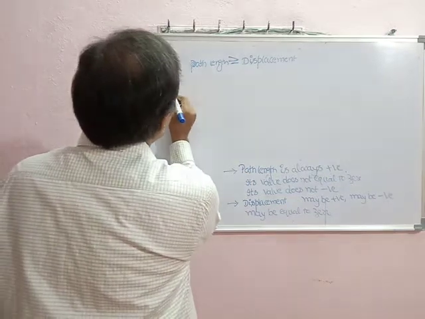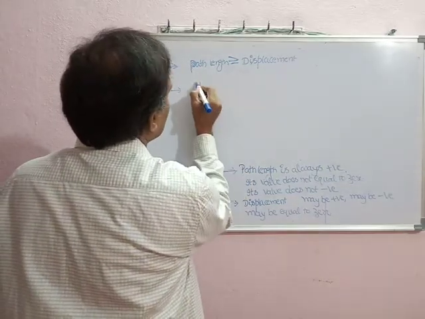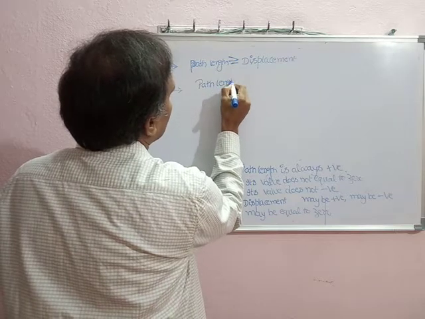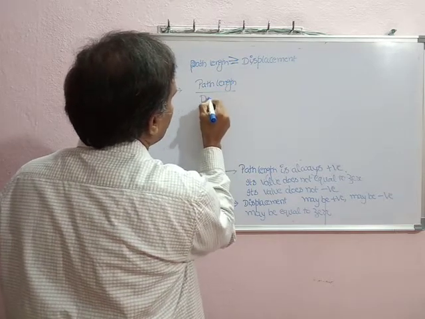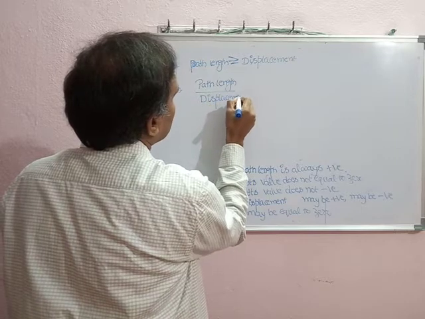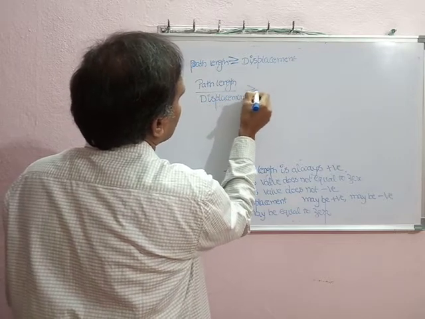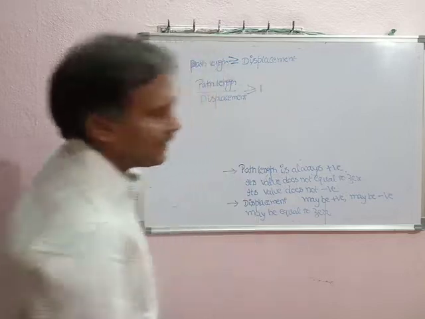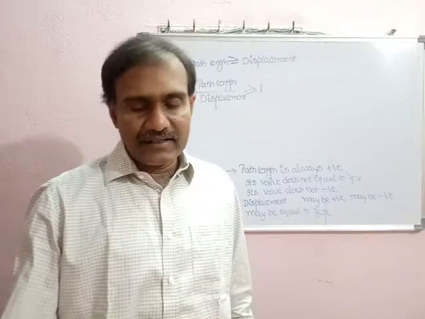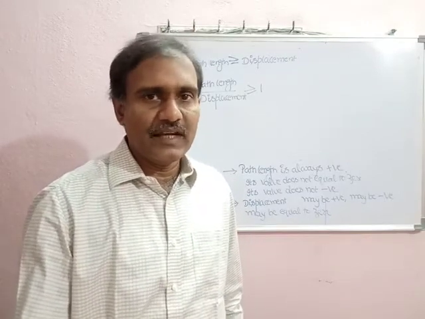When we take the ratio of path length to displacement, path length divided by displacement is greater than or equal to 1.